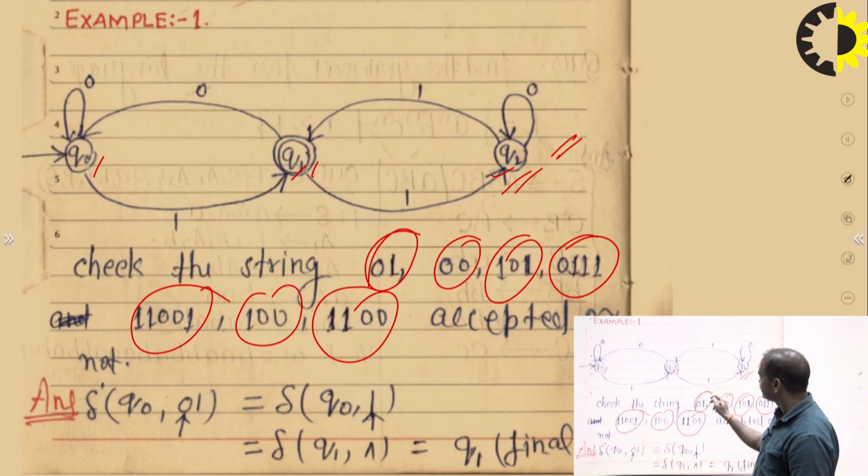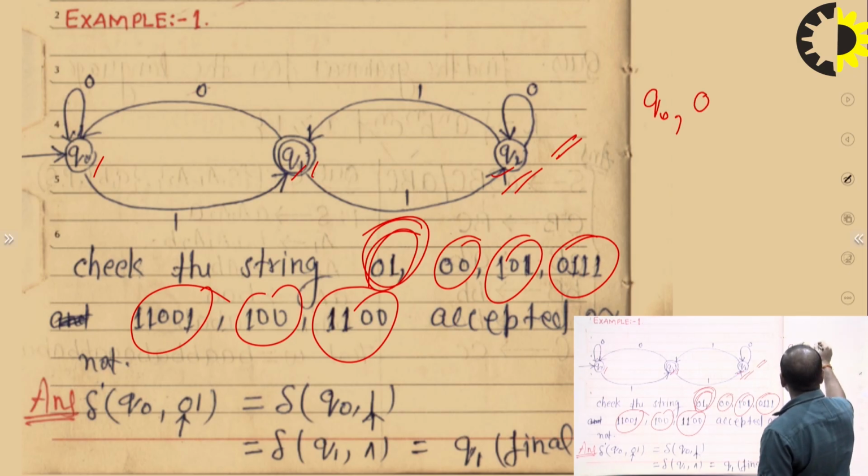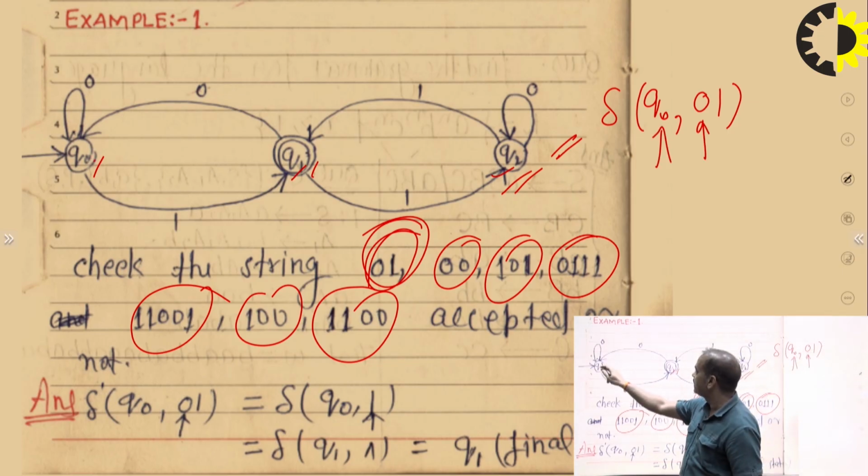First, we consider the string 01. We start with the initial state Q0, comma, the string 01, bracket close, and here we apply delta. Now, state Q0, input 0.